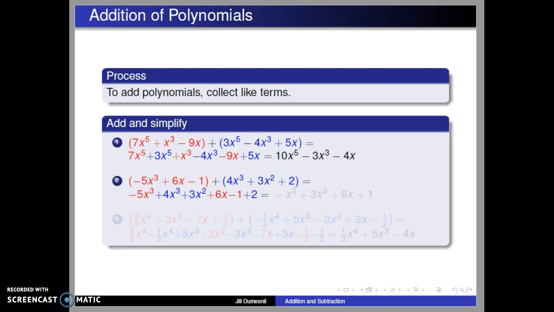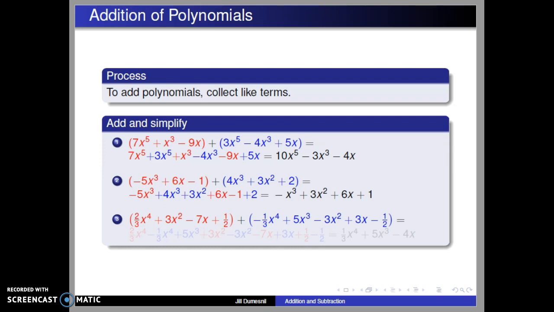Now collecting like terms is easier. We get minus x cubed plus 3x squared plus 6x plus 1. Let's consider one final example with fractional coefficients.